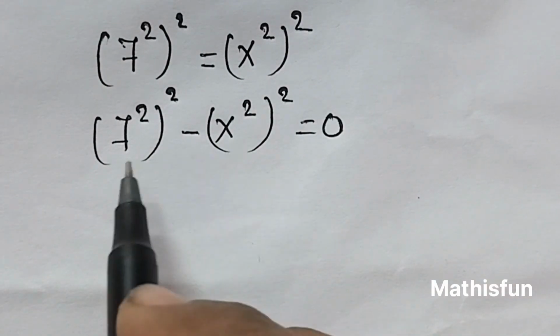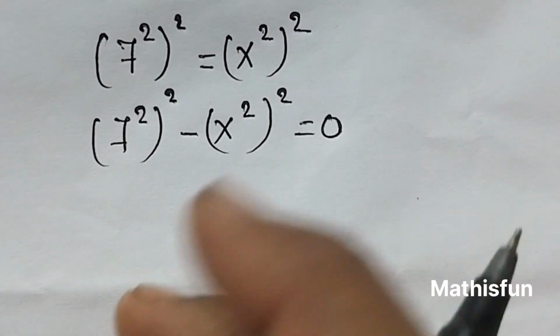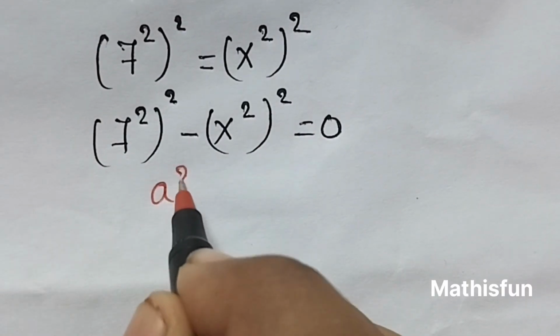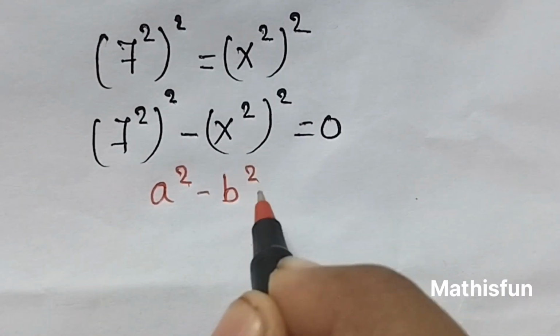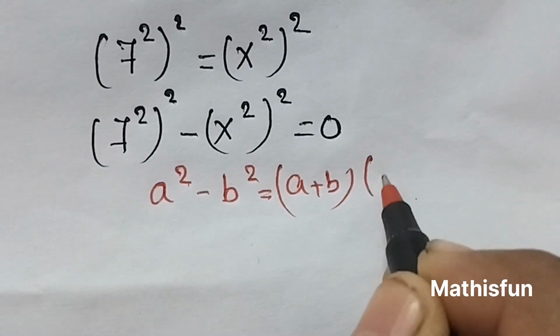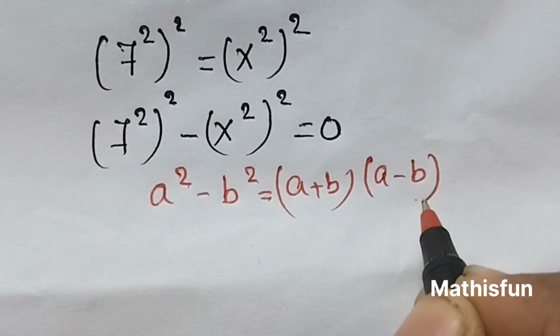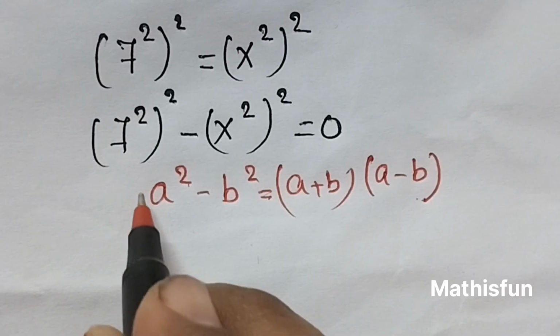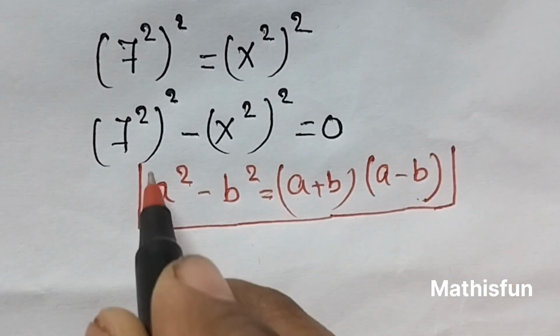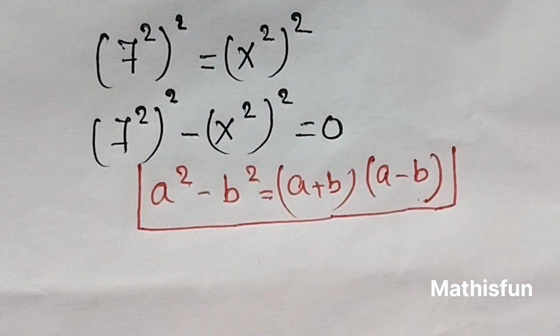Now this is in the form of difference of two squares, that is a square minus b square is (a plus b)(a minus b). Now we will use this form to solve this equation.